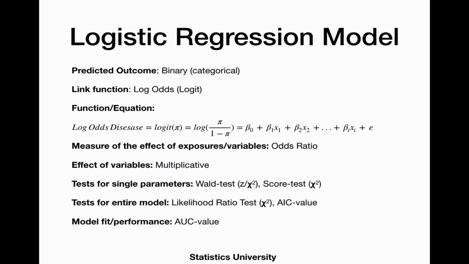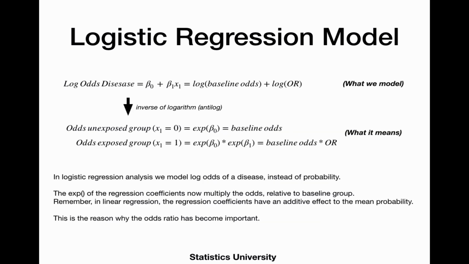Model fit or performance is usually expressed in terms of the area under the curve value, and that's also called the C-index. Now, that use of the logit function may be a little bit confusing, but it's not that complicated.